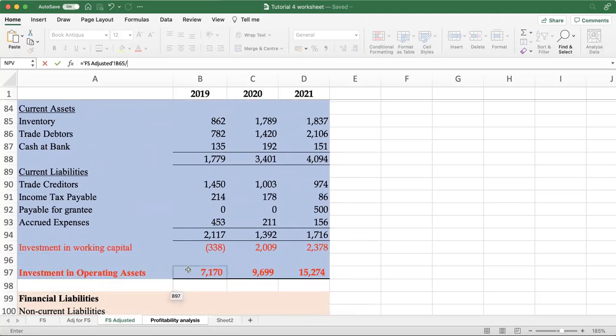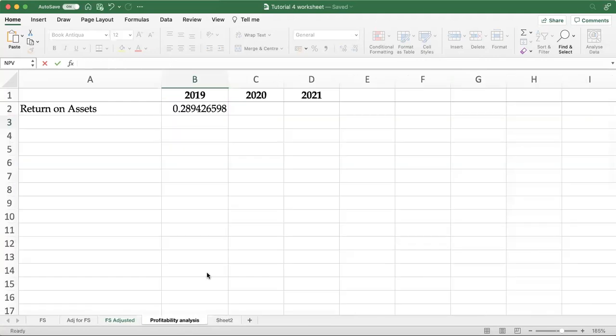So investment in operating assets, you see in the statement of financial position, investment in operating assets, 7,170. So operating profit after tax divided by investment in operating assets. So return on operating assets.